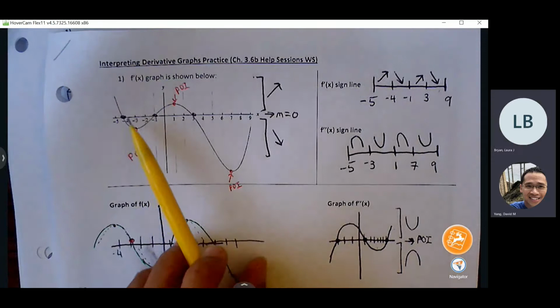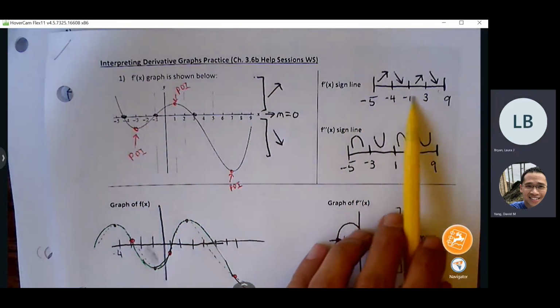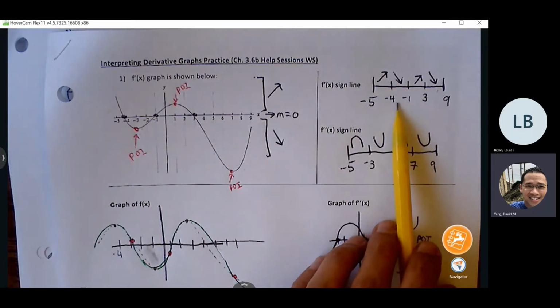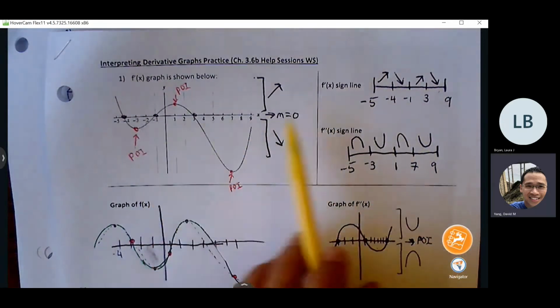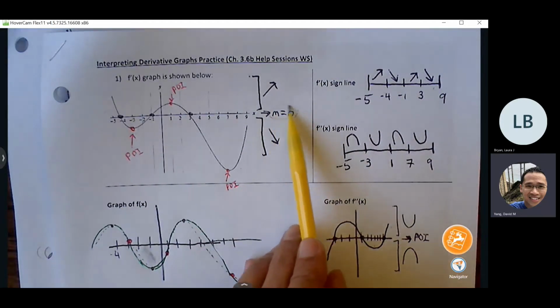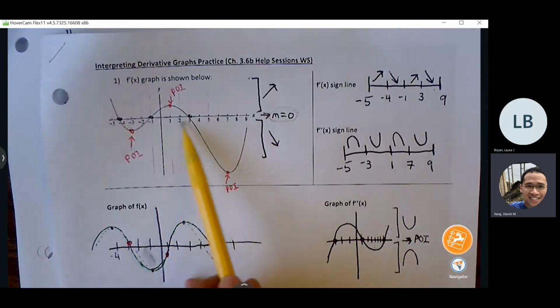So back to number 1. If I want to create my f prime sign line, I start off with my x-intercepts because I want to get my slope zeros onto my graph. So -4, -1, and 3.